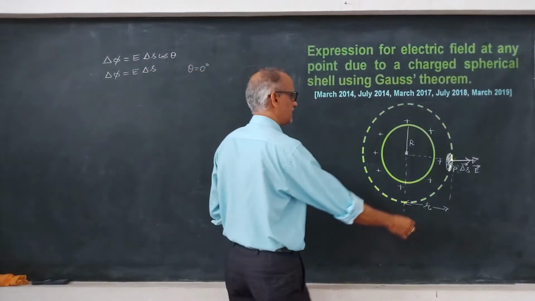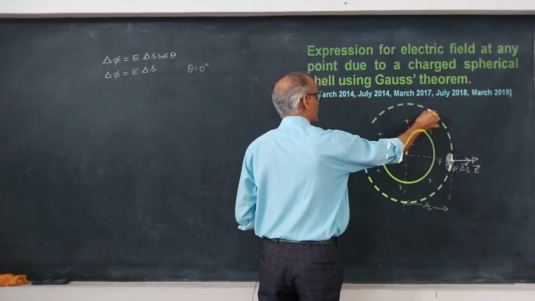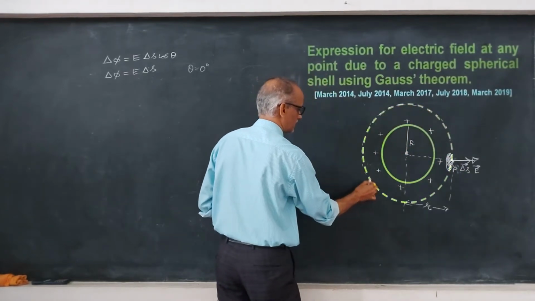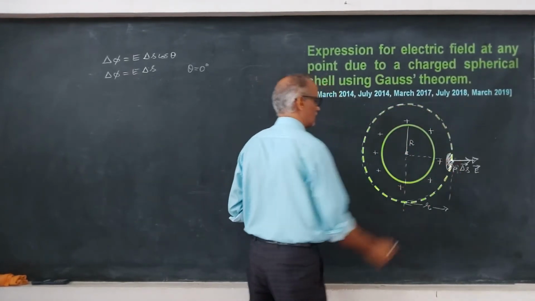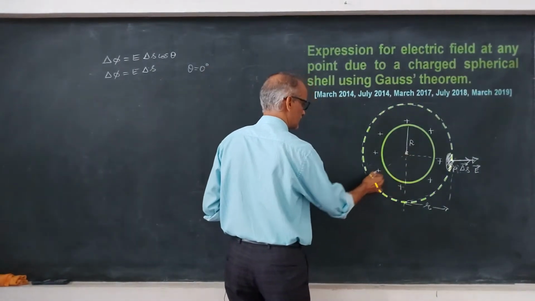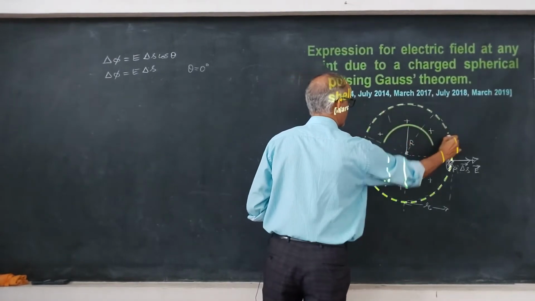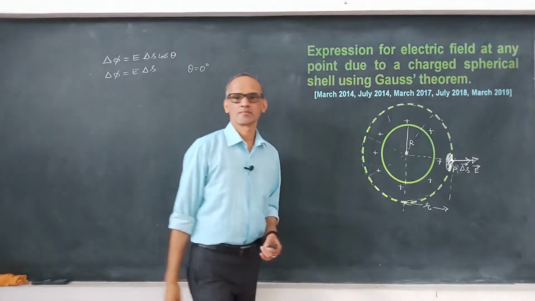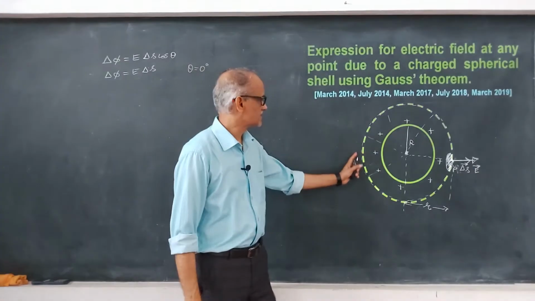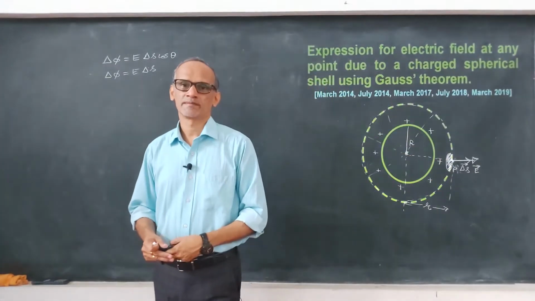Now, the electric field at any point on the sphere is the same, because every point on the Gaussian sphere is at equal distance from the center. That means the electric field is the same at each and every point on the Gaussian surface.